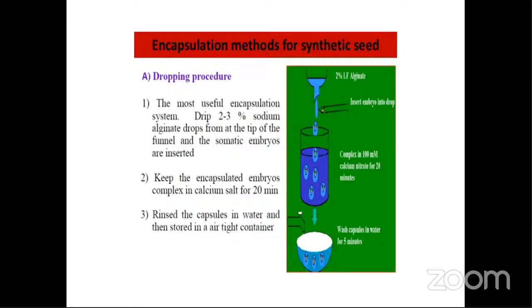Some researchers use 4%, 3%, 5%. And the calcium salt for 20 minutes, 30 minutes, 40 minutes, depending upon so many researchers who use different timings, and rinse the capsules in water and then store in an airtight container.